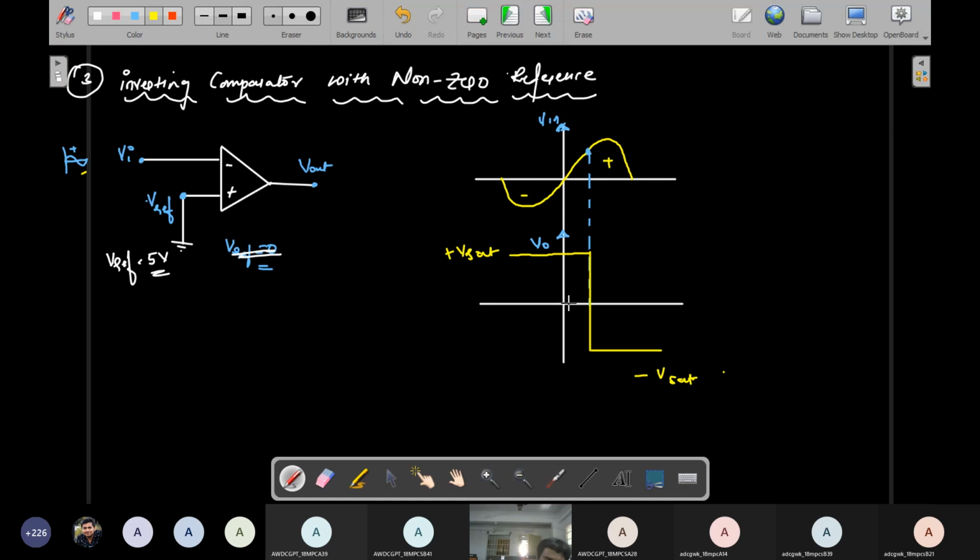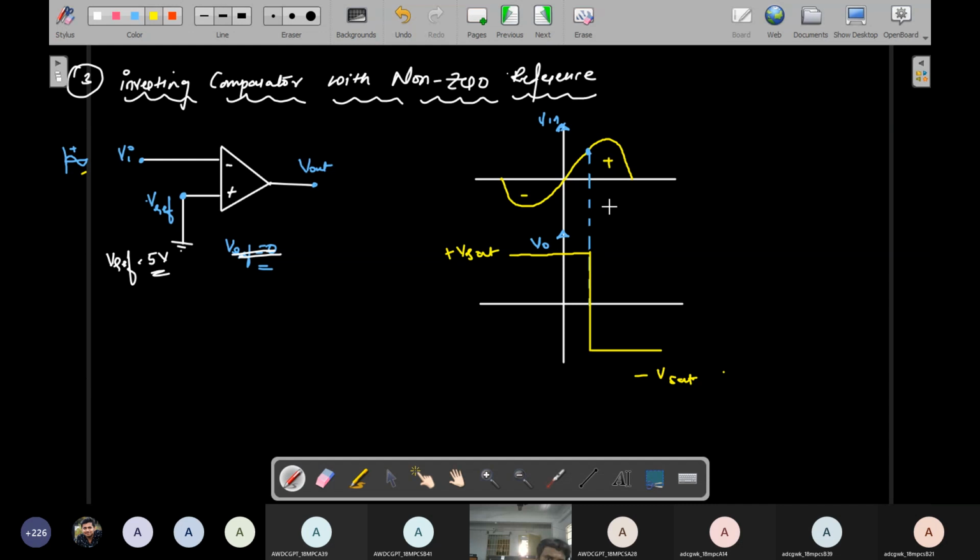If the input signal is positive, then positive saturation will be obtained; in the negative case, negative saturation will be obtained. But here it is inverting, that is the reason: in the negative case we are getting positive saturation, and in the positive case we are getting negative saturation region.